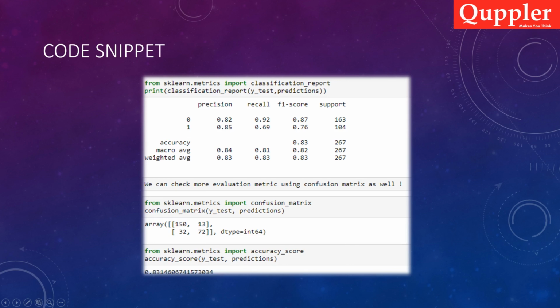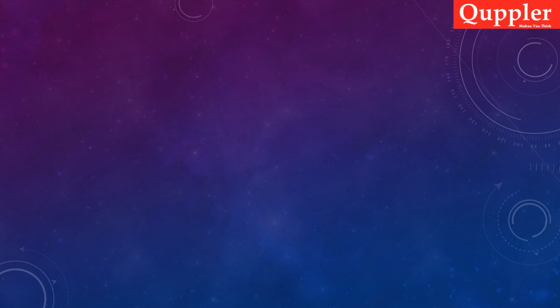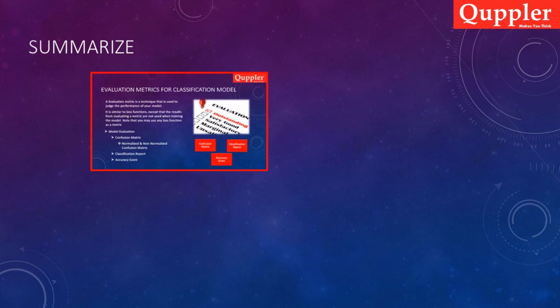So this was the code snippet. To summarize what we have learned up till now, the major takeaways were: what an evaluation metric is, what the different types of it are, and what they are used for.